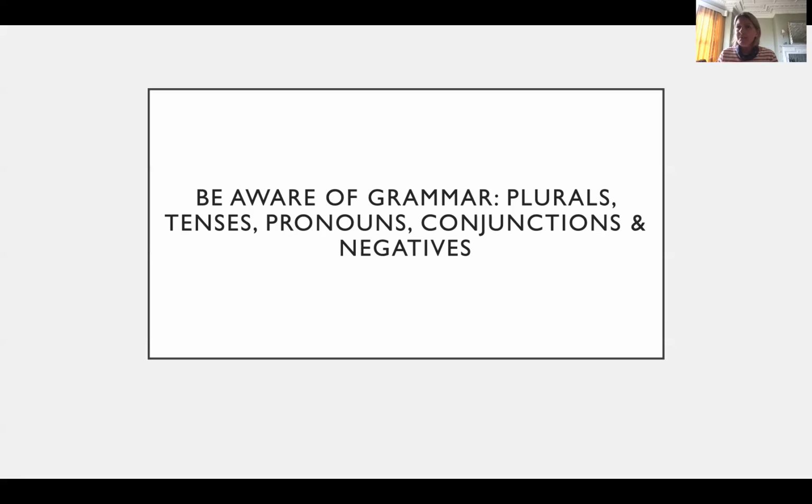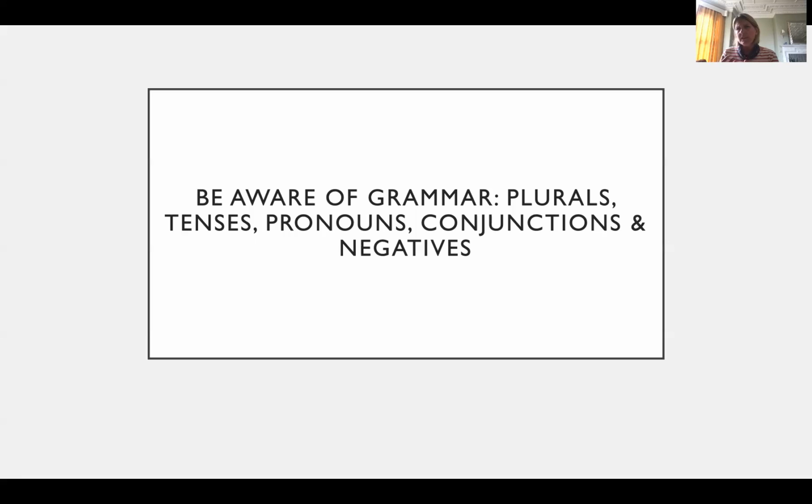But as you name objects, as you name things in pictures, in books, for example, so as you're adding noun vocabulary, make sure that you add names in the singular, but you also model what that would sound like in the plural as well. So this is a pen, and I've got some pens.